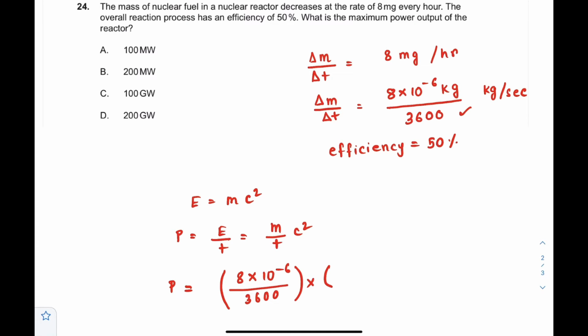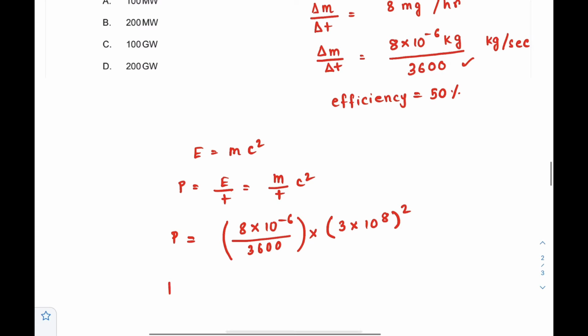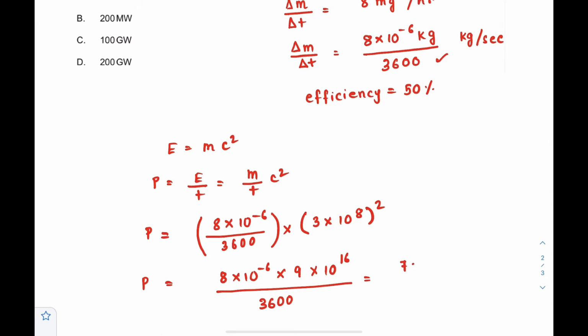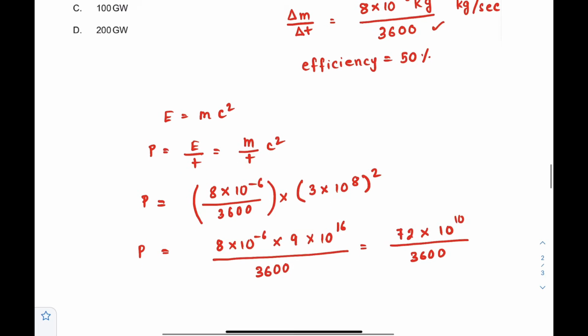The speed of light, 3 × 10^8, whole square. So power is equal to 8 × 10^-6 × 9 × 10^16 divided by 3600. So we get 72 × 10^10 divided by 3600. On further calculation we get 2 × 10^8.